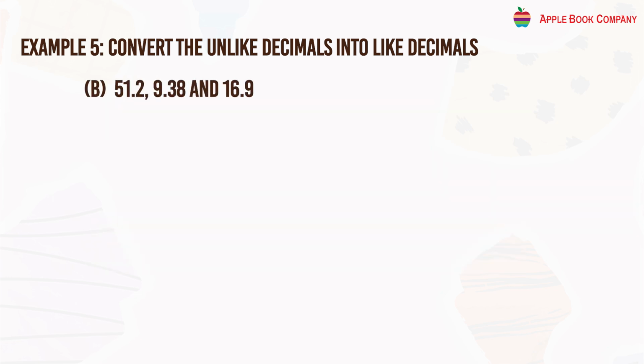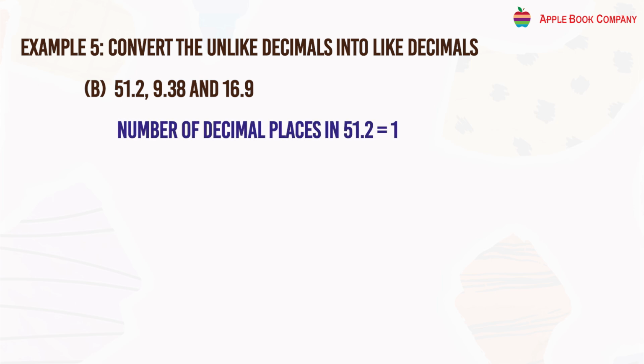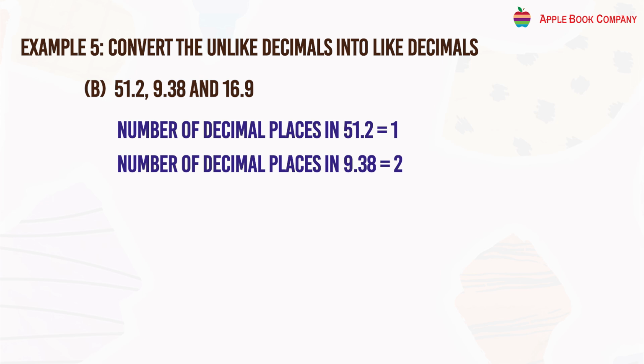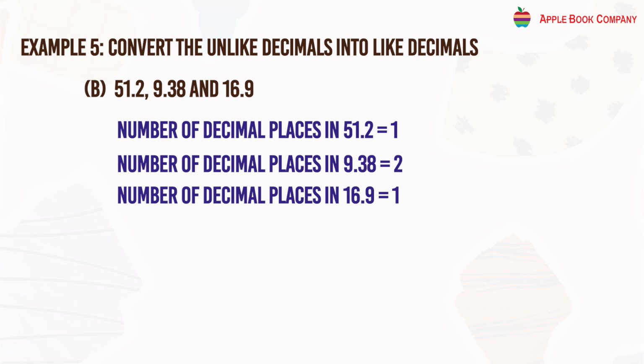B, 51.2, 9.38 and 16.9. Number of decimal places in 51.2 equals 1, in 9.38 equals 2, in 16.9 equals 1. Here, 51.2 and 16.9 have the lesser number of decimal places.